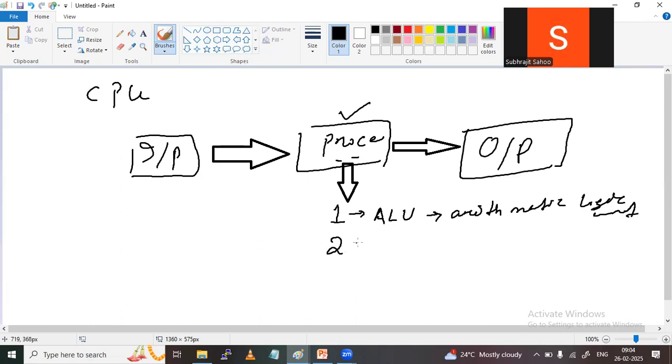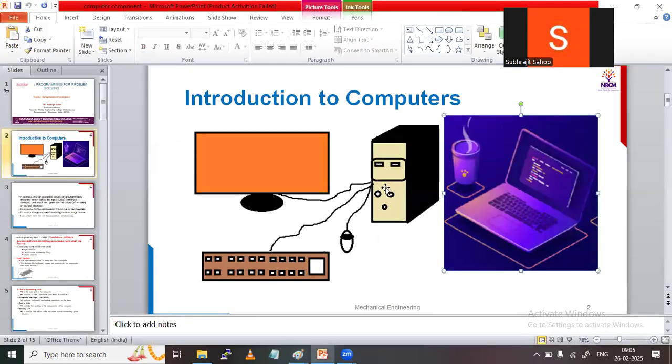Second one is CU. CU is not a word like 'see you', we frequently say I will see you, right? No, not like that. CU is the control unit. Sir, why control unit? Because every device is connected here only.